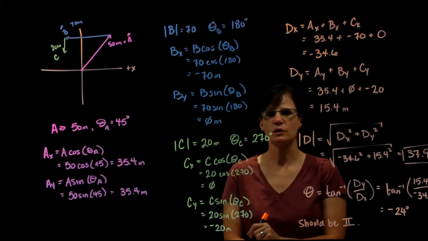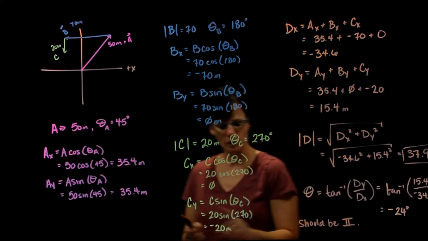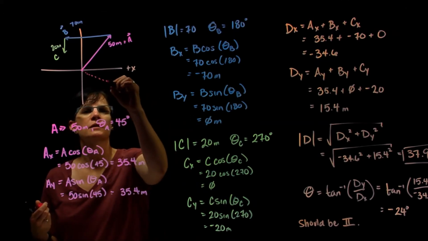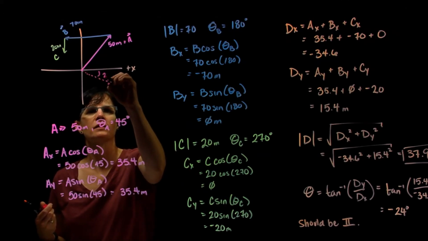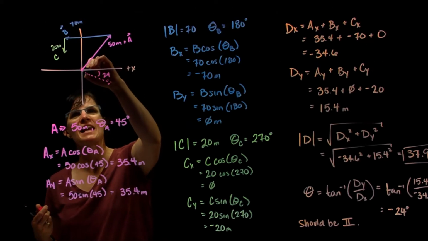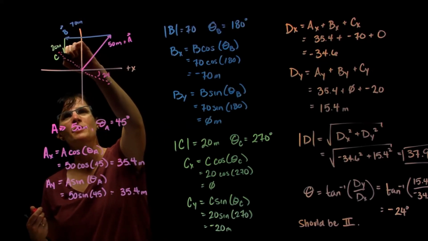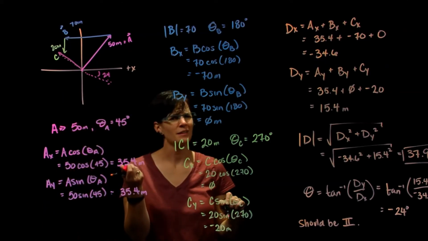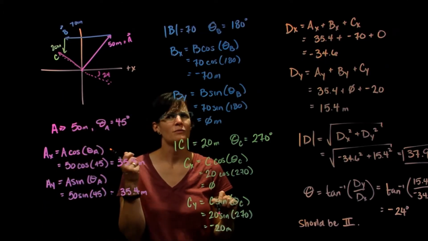But negative 24 isn't in quadrant 2. Negative 24 is represented right here. We'll get the same tangent value for the vector in that direction, but it looks a lot more like it should be for our resultant vector.